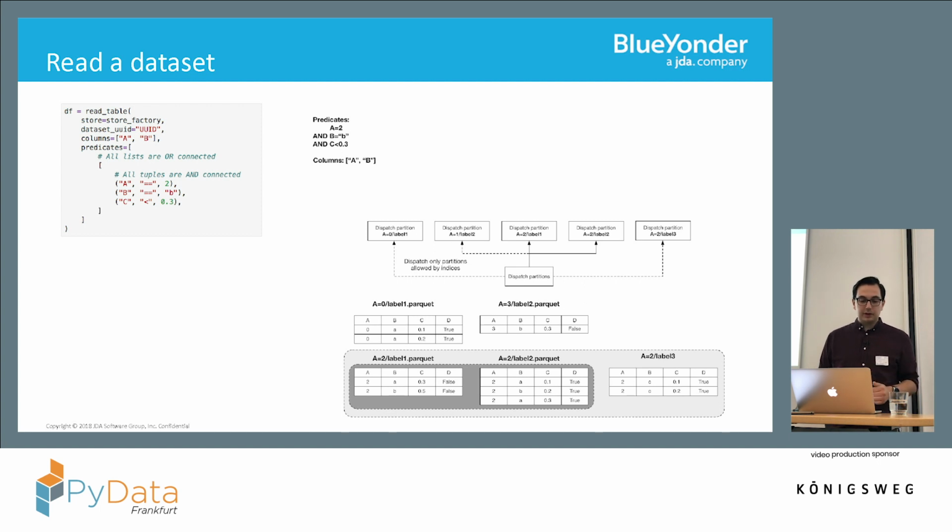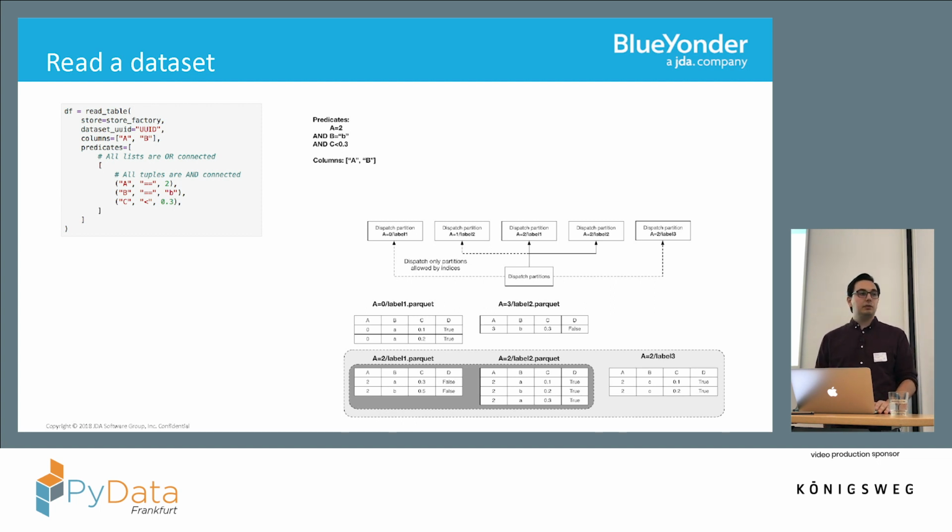At the upper left corner, you can see the read table function, where we essentially provide columns and a list of predicates. So think of the predicates as a where clause. In this case, I would like to retrieve A equals 2 and B equals B, and C should be smaller than 0.3. And as I've shown you before, in this particular instance, we have indices.